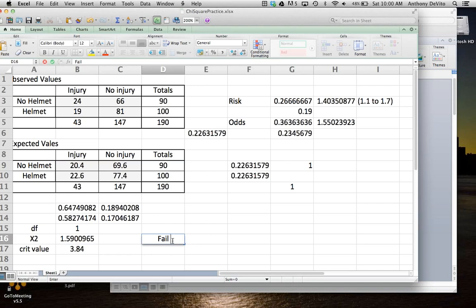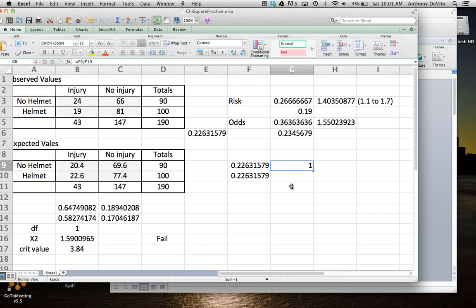Now, to backtrack to something that we really should have started with when we began this whole thing, what's our null hypothesis? Well, our null hypothesis is that there's no association between wearing a helmet and the likelihood of having a head injury. And the alternative hypothesis is that there is an association. No association would imply a risk of 1.